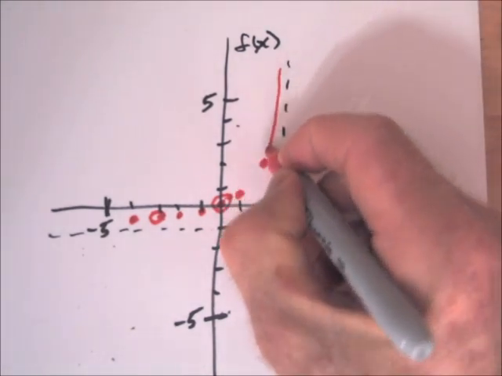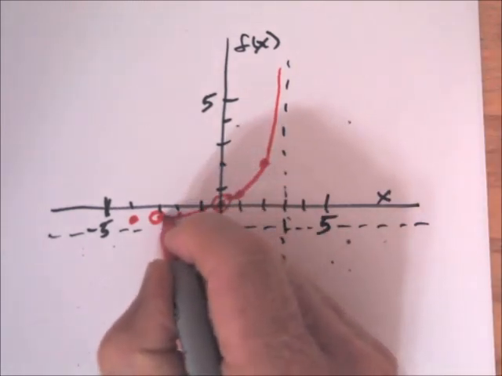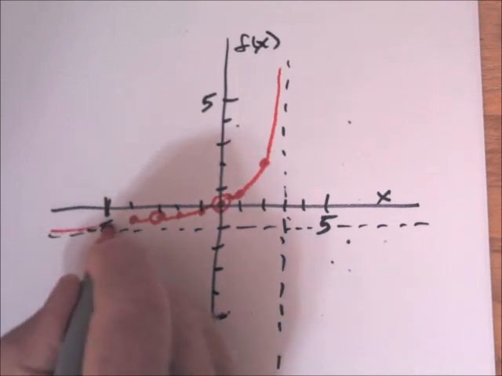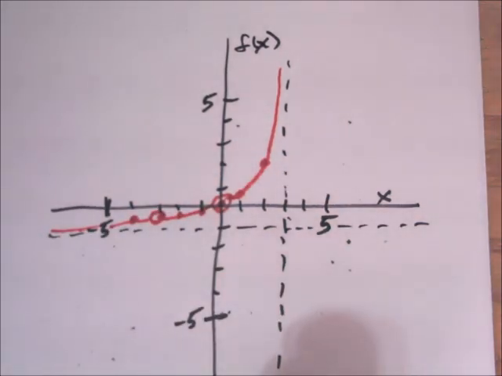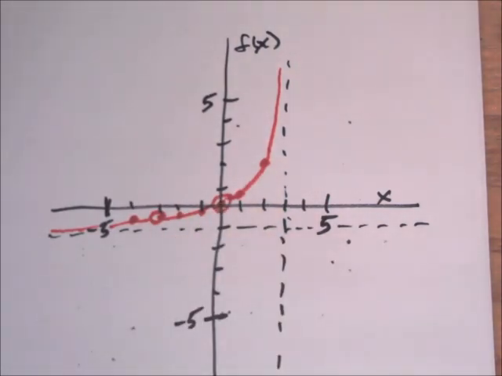So we want to connect the dots and extend it toward the asymptotes, and so that's our one piece of our hyperbola. And we have the two holes there where it's undefined, but there's no asymptote at the holes.